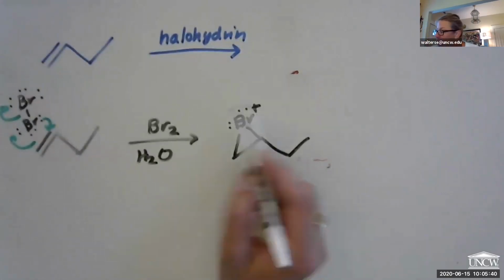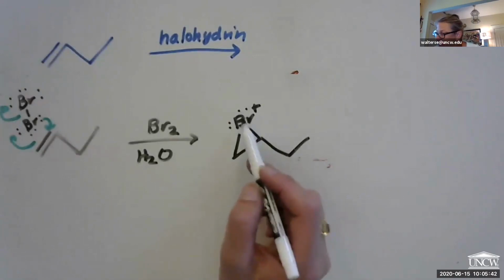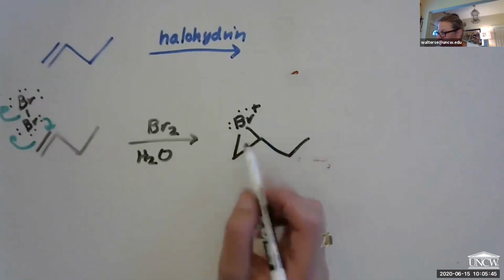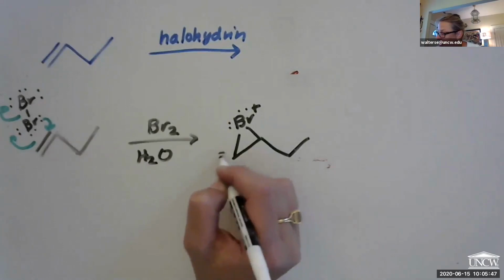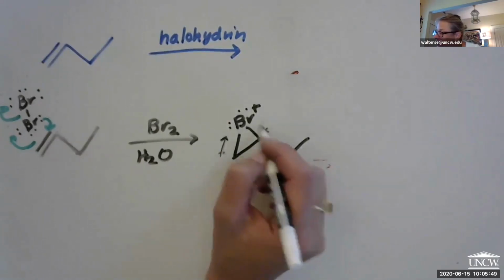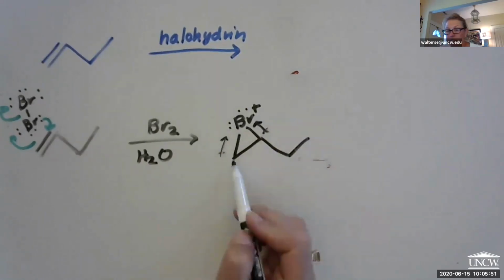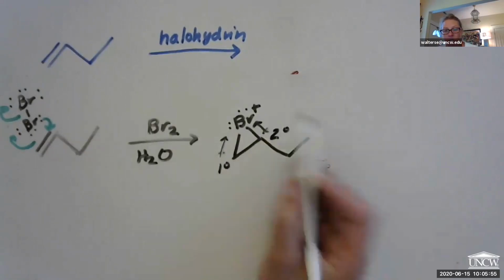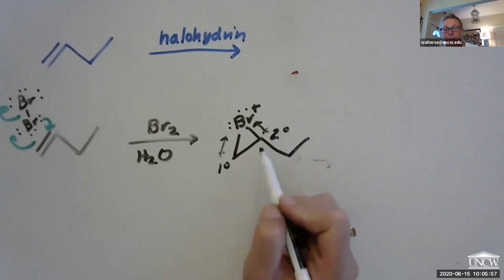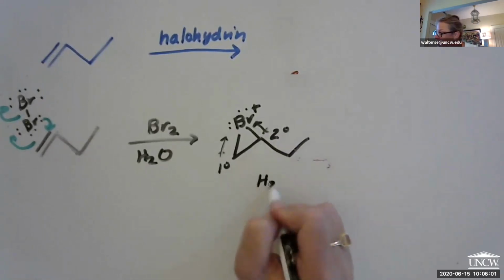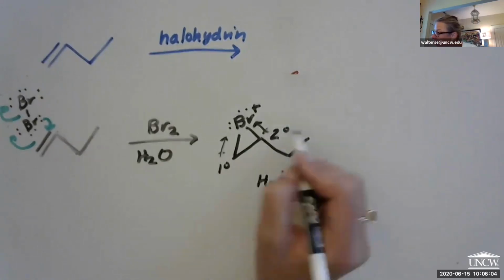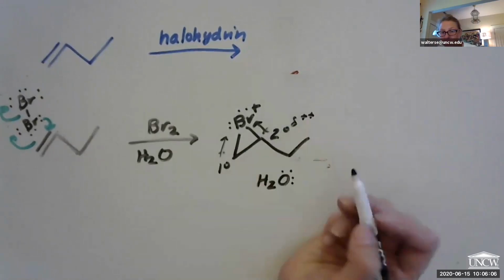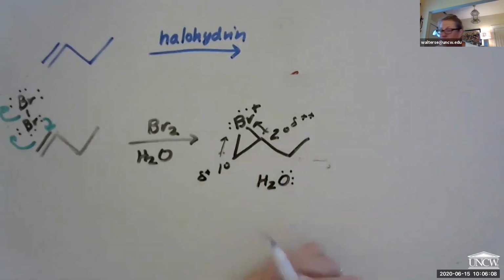When you look at this, the bromine has a positive charge, so the electrons are going to be pulled in this direction, building up positive charge at a primary carbon and a secondary carbon. A secondary carbon can better carry a partial positive charge, so it'll be, let's just say, positive plus plus, where this is only positive plus.